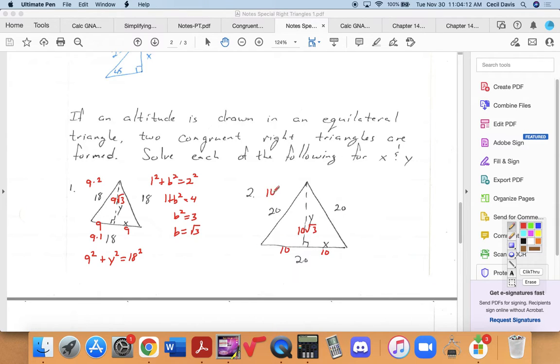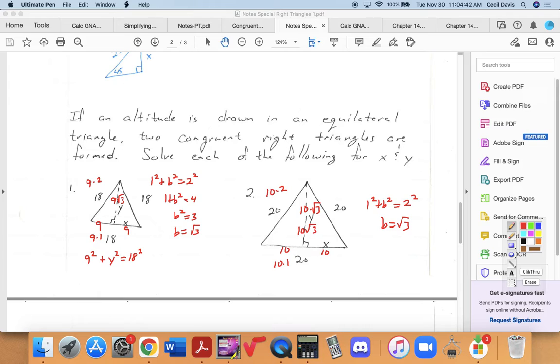So this would be 10 times 2, and this is 10 times 1, so this is going to be 10 times something. No, because it's 1 squared plus b squared equals 2 squared, exactly like it was over here. So b is going to be the square root of 3. So that's 10 square roots of 3.